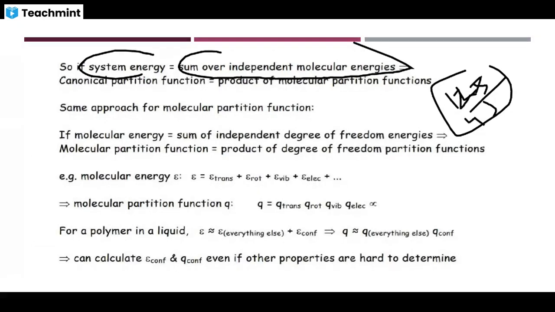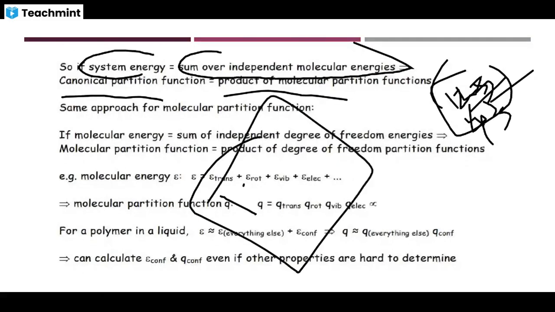If the system energy is equal to the sum of the independent molecular energies of 1, 2, 3, 4, 5, then the canonical partition function equals the product of the molecular partition functions. Each molecule has its partition function, and the canonical partition function is for the whole system.